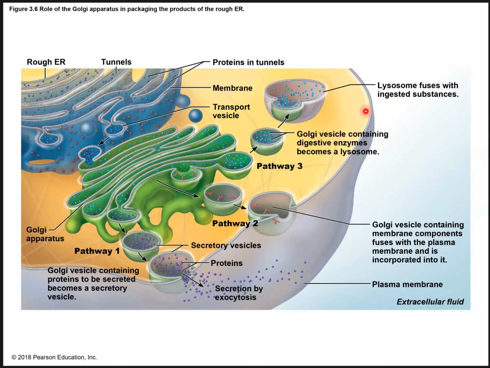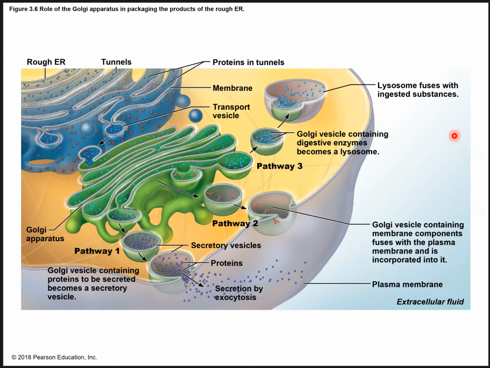So enzymes that are required by lysosomes are known as lysozymes. They contain digestive enzymes that degrade material that is no longer useful inside the cell. And if there's an organelle, just say this membranous vesicle is old and it needs to be broken down, it will fuse with the lysosome, and the lysosome will break it down into smaller particles or substances.